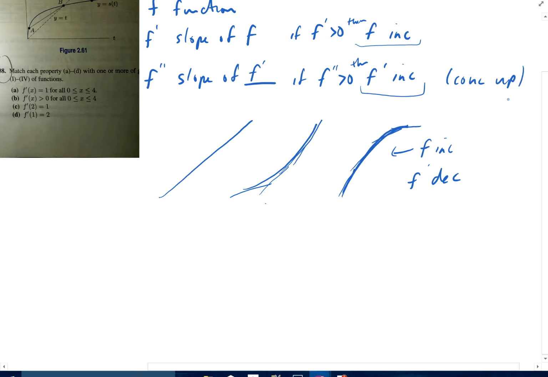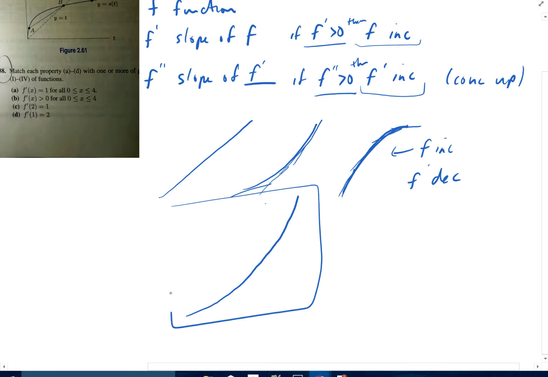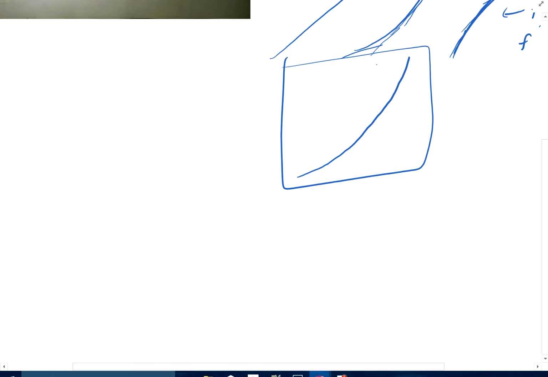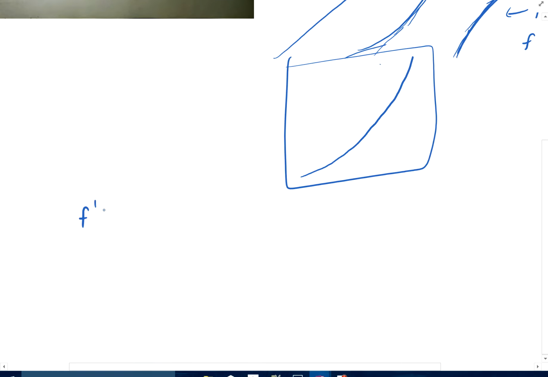So if I want a function where the derivative is positive and the second derivative is positive, the function is getting bigger and the derivative is getting bigger. In other words, the slope is getting bigger. So what about this? What would this look like? f prime is positive, f double prime is negative.